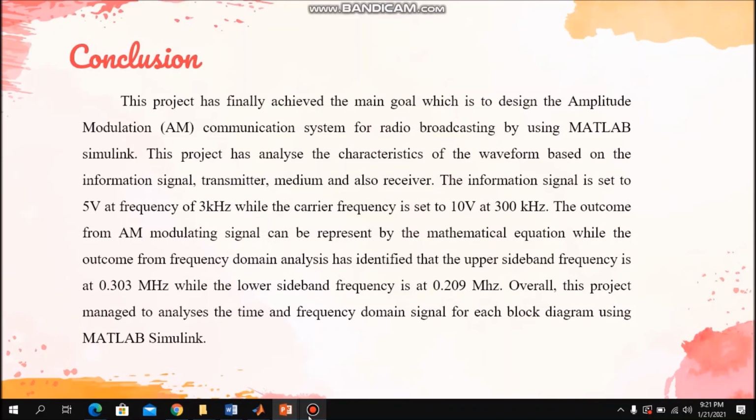The outcome from the AM modulating signal can be represented by the mathematical equation, while the outcome from the frequency domain analysis has identified that the upper sideband frequency is at 0.303 MHz, while the lower sideband frequency is at 0.209 MHz. Overall, this project managed to analyze the time and frequency domain signal for each block diagram using MATLAB Simulink. Thank you.